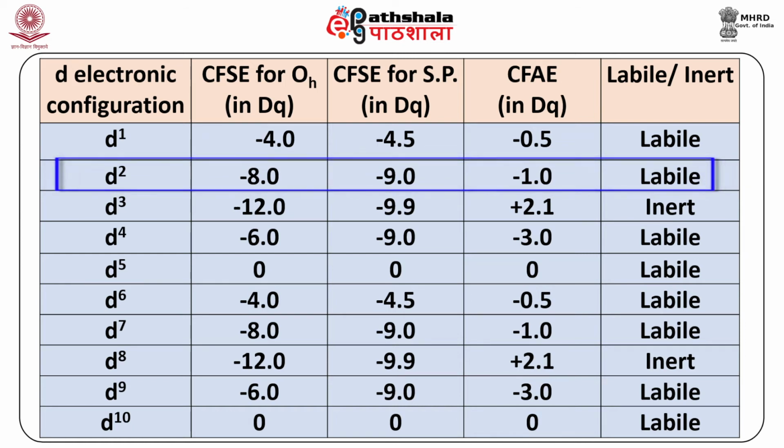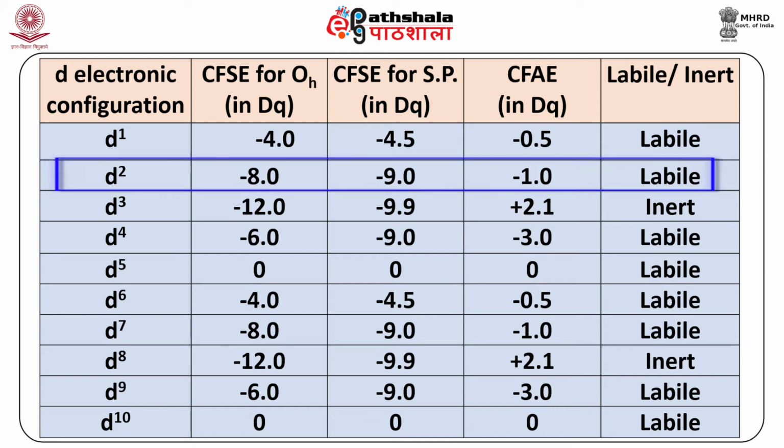So, if you compare the two, the crystal field stabilization energy for a d2 system in octahedral geometry was minus 8 Dq, while for a d2 system in square pyramidal geometry it was minus 9 Dq. As a result, the crystal field stabilization energy of the square pyramidal geometry was lower than that of the octahedral geometry, and the difference of the two would become minus 1 Dq.